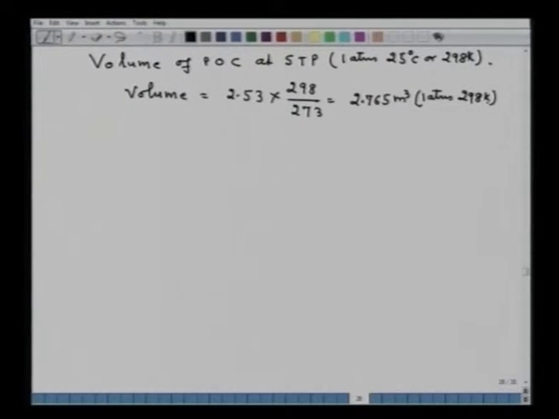Now, the problem also says you report the volume of POC at 1000 degrees Celsius also and 1 atmospheric pressure.